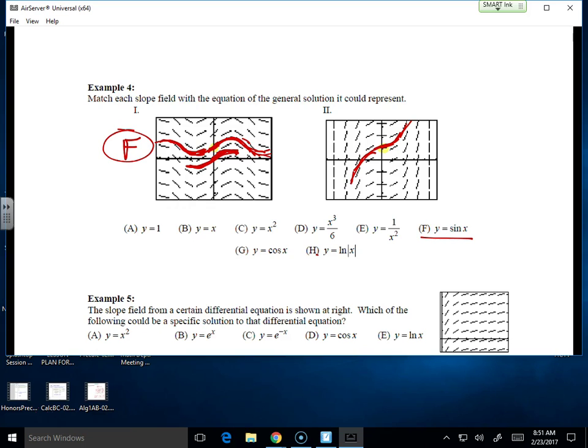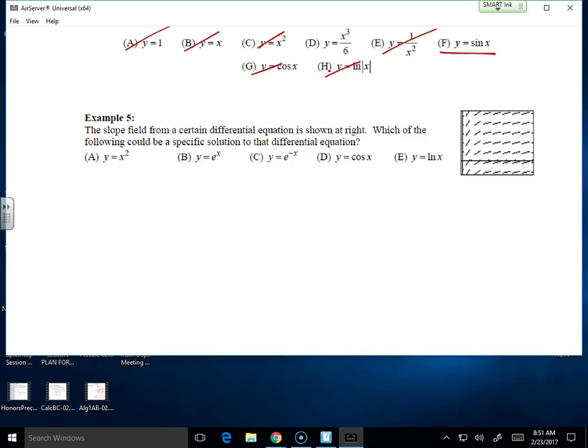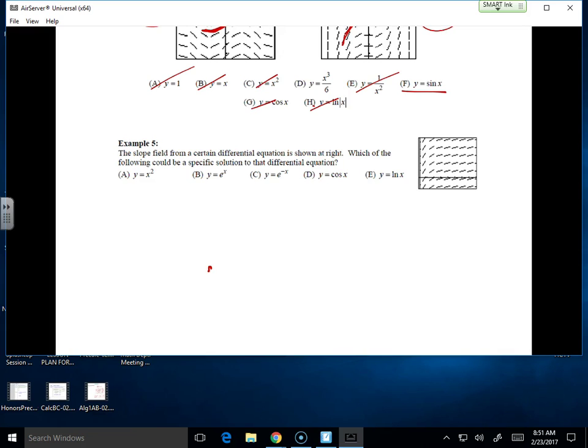Cubic. The cubic. Does that make sense? Not logarithmic, not cosine, not 1 over x squared, that would have a vertical asymptote, not a parabola, not a line, not a straight line. Okay. Is that okay? How about example 5 then? I think that's like, e to the x.